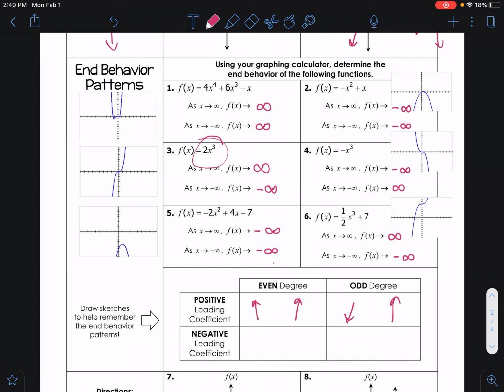All right. Negative leading coefficient and an even degree. Here's another one that was the previous one that we just did, right? Positive and odd. Okay, notice it has the same features. All right, negative leading coefficient and even degree, so that would be like number 5 there.